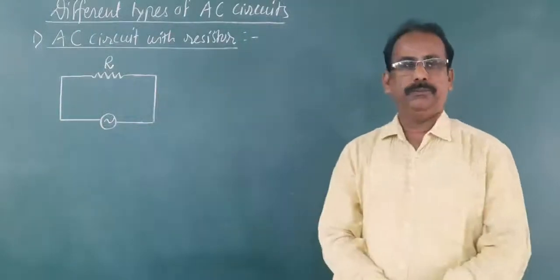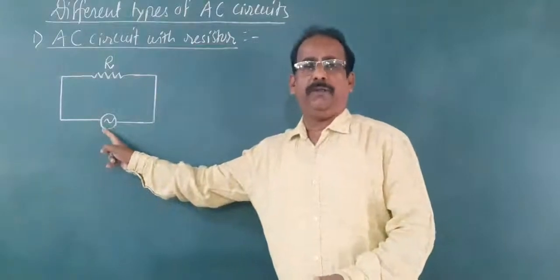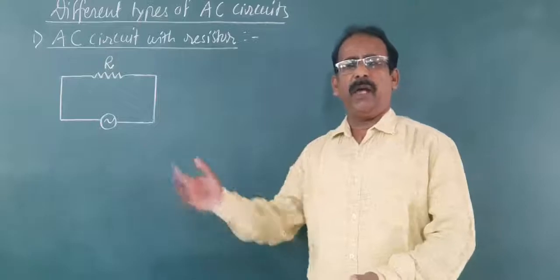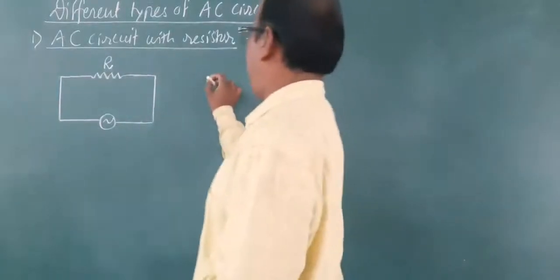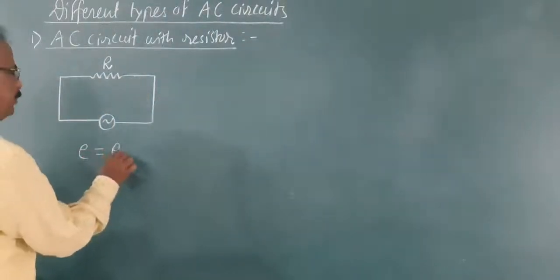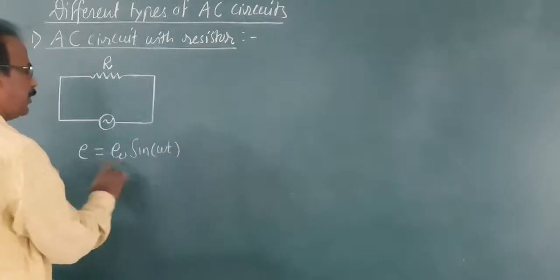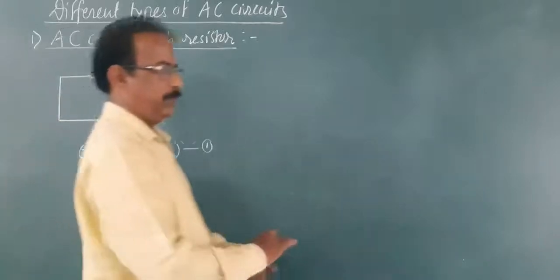Now, from this source of alternating EMF, the EMF that we get at time t is given by E equal to E0 sine omega t.